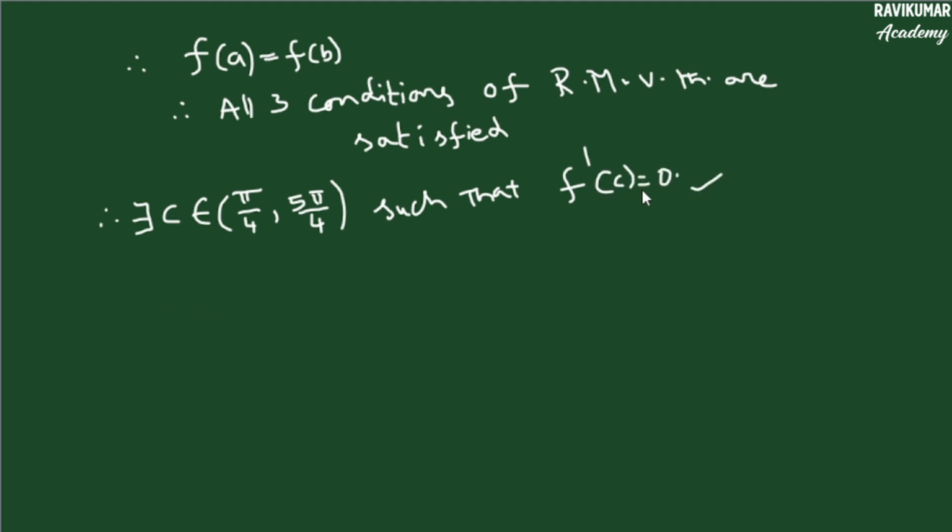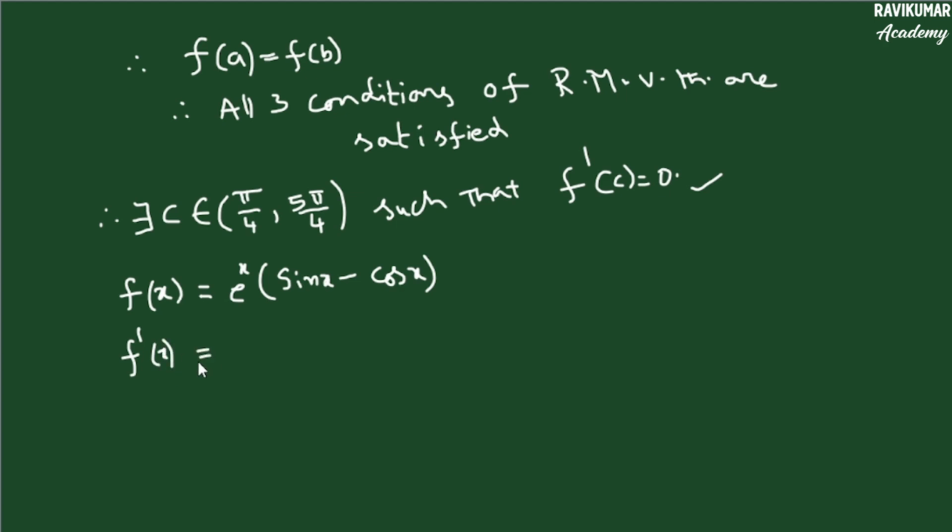So we start with f dash c. Before that, we should be able to find the derivative of f. What is f(x)? f(x) is e power x into (sin x minus cos x). So what is f dash x?